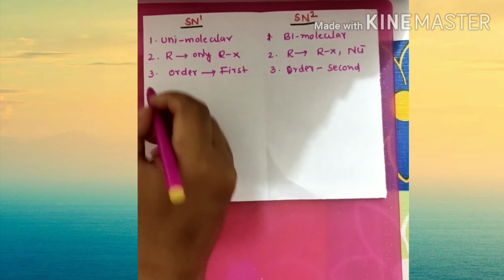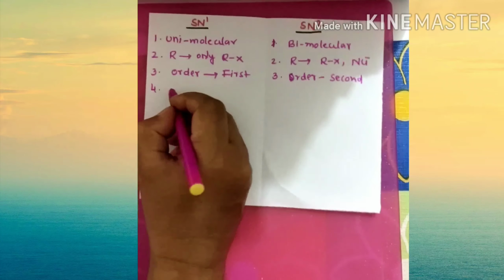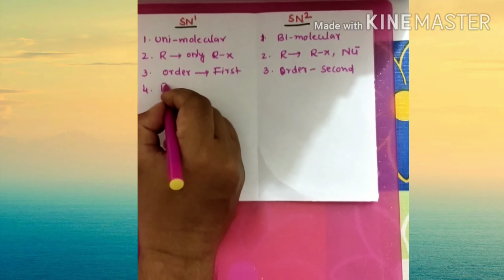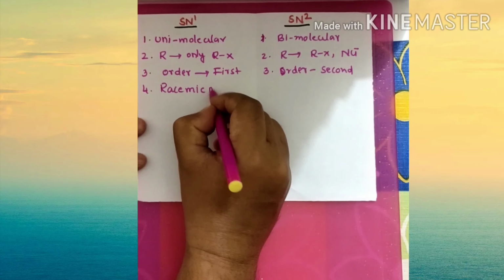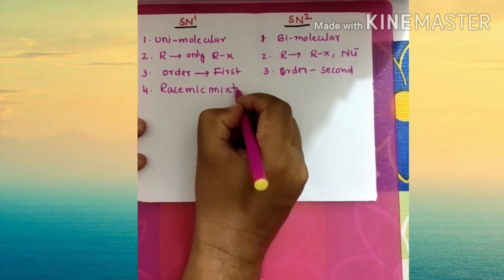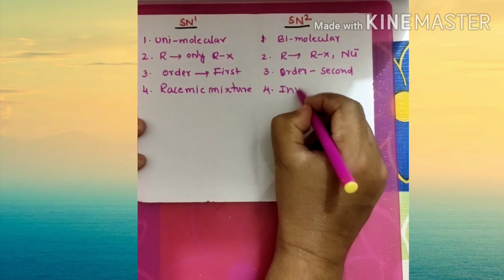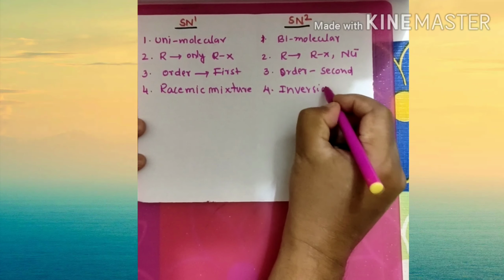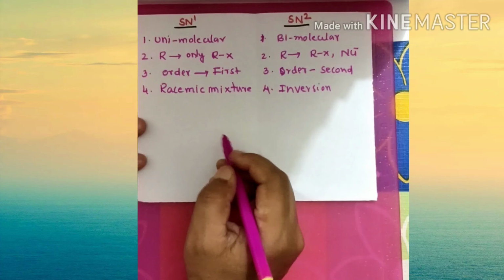Now here we are getting SN1, we learned that yesterday in the previous class. A racemic mixture is forming. But in SN2 we are getting inversion of configuration. A racemic mixture will not form here.